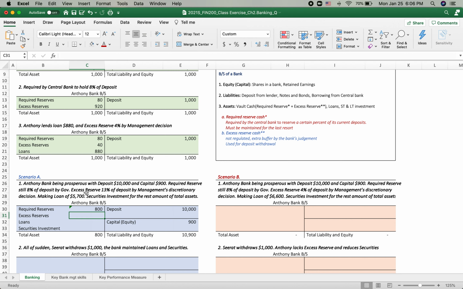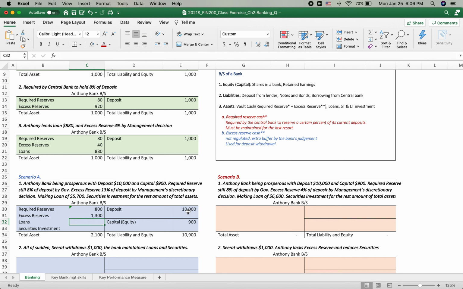And then excess reserve that management decided was 13%. Now, 13% times the $10,000 deposit. So 1,300 is the new excess reserve to prepare for the withdrawal of some deposit.